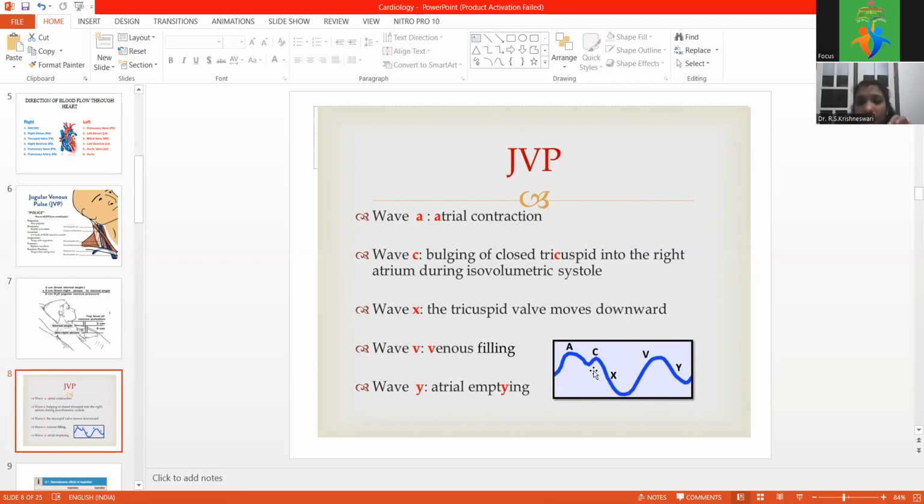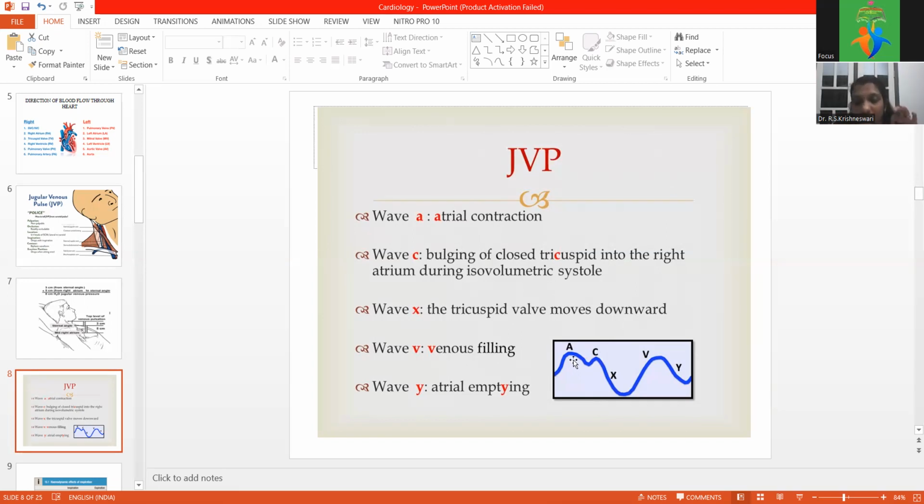So what happens with the C wave? When the tricuspid valve closes, the ventricle will be in isometric systolic phase. Suddenly there will be a small bulge of the leaflet of the tricuspid valve towards the right atrium, which produces a C wave. You understood?